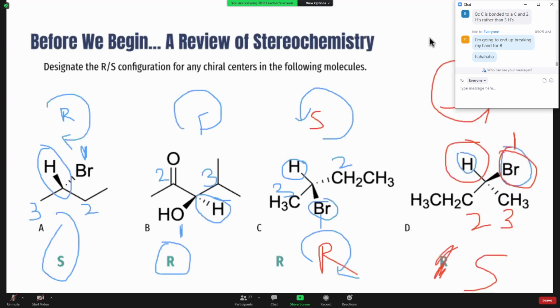Let me explain again why C is R instead of S. The way that I learned it from the book, and this is in my shortcut sheet, is I look at the lowest priority group, which in this case is hydrogen. I look at the highest priority group, which in this case is bromine, and they're apart from each other.